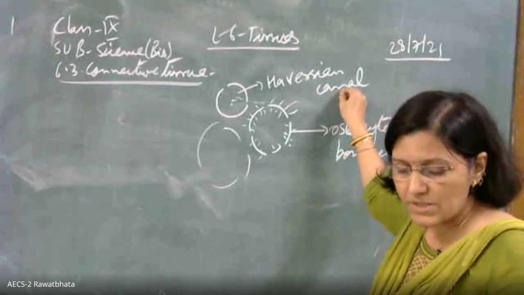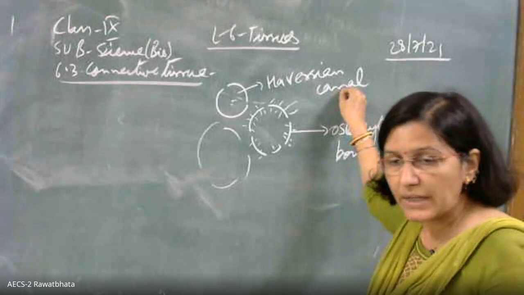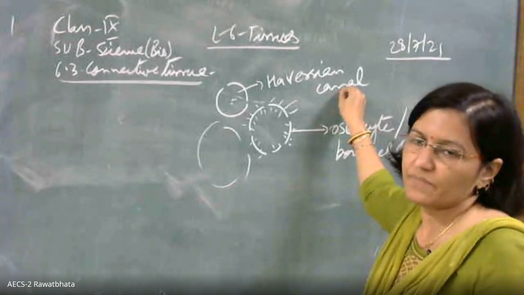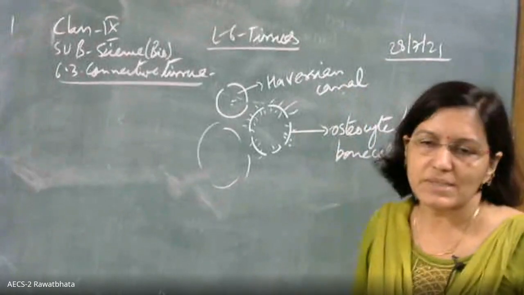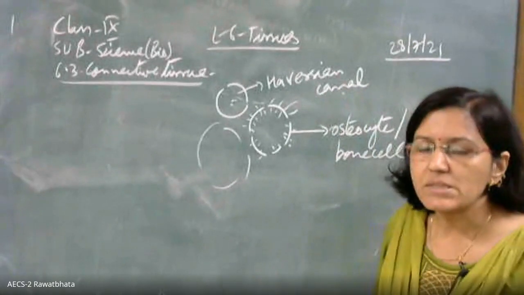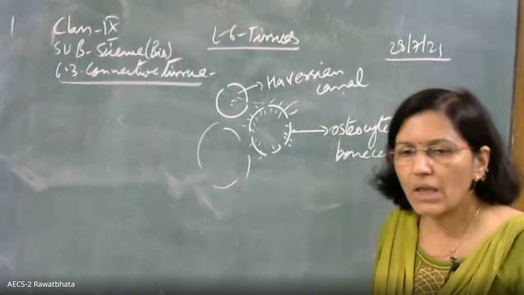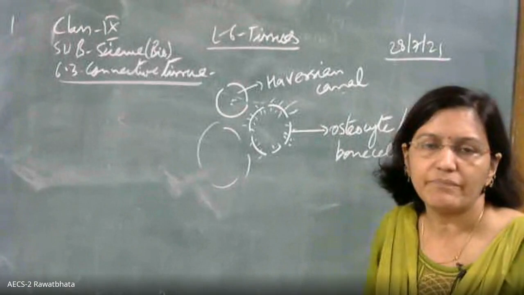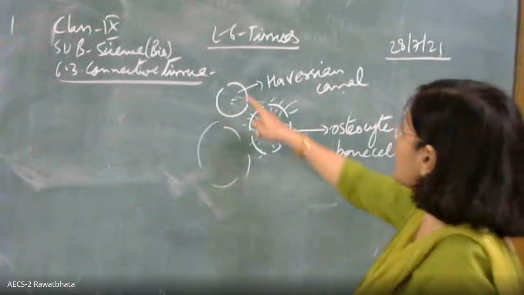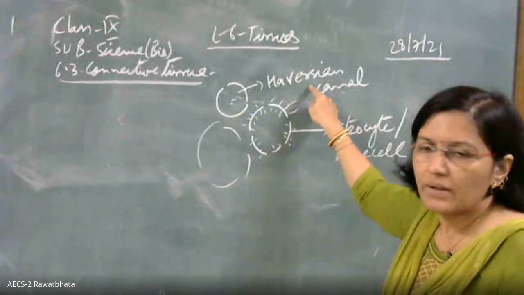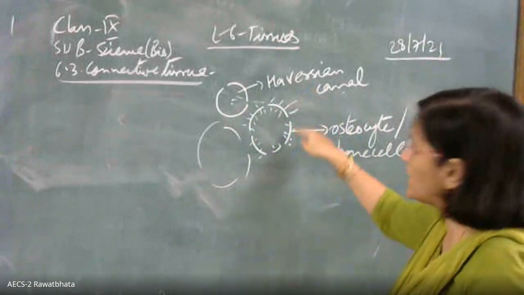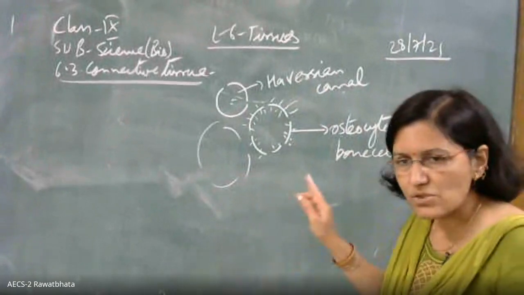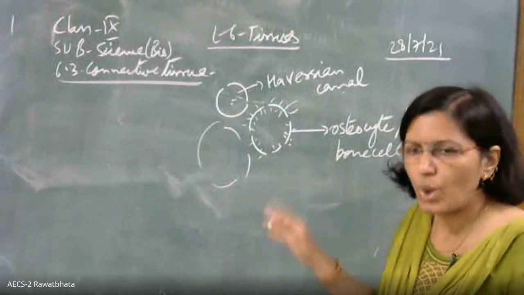And this Haversian canal contains the blood vessels as well as the nerve fibers. There are two channels, one supplying blood, the other supplying sensation or information. This will be present in the Haversian canal, and the cells are arranged in a circular manner. This is the structure of a typical bone.